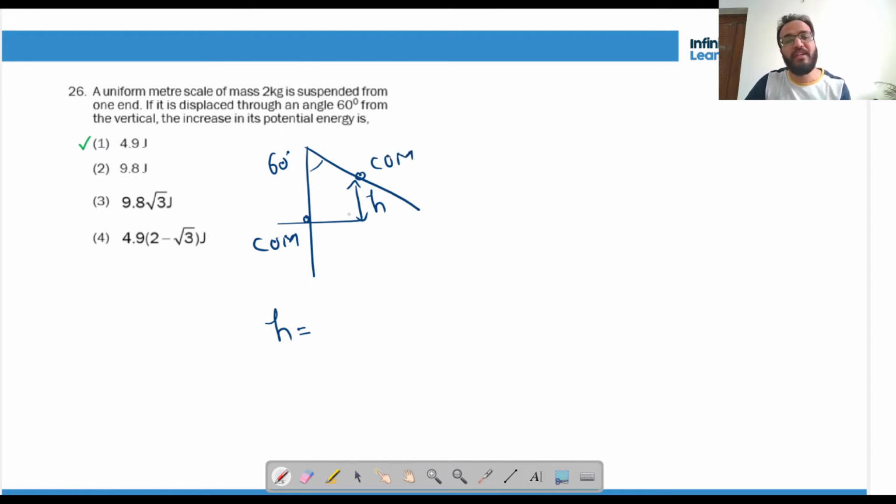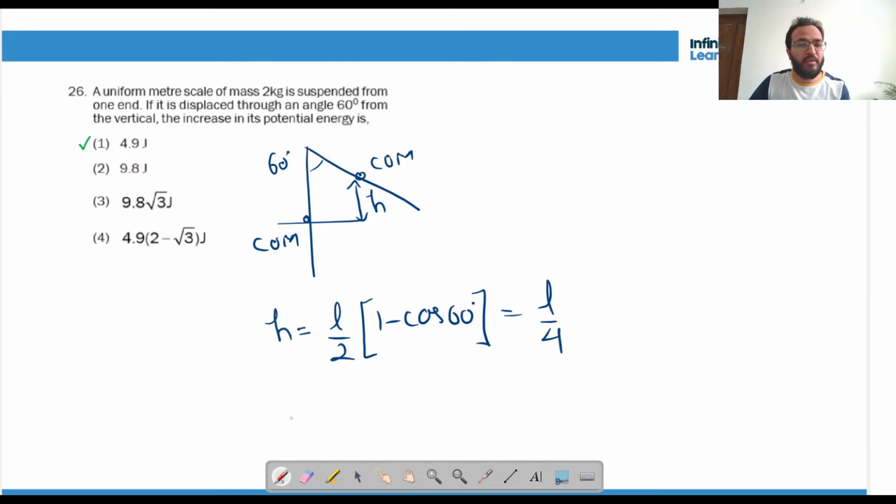The center of mass of the rod has been raised by height h. H is L by 2 into 1 minus cos 60 degrees, that is L by 4. So the increase in potential energy is mgh, that is mg L by 4.